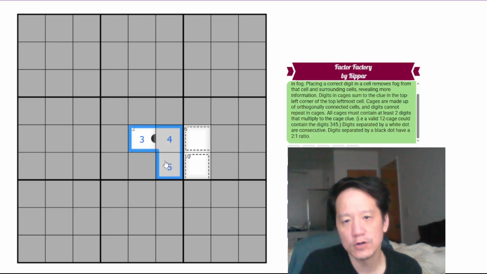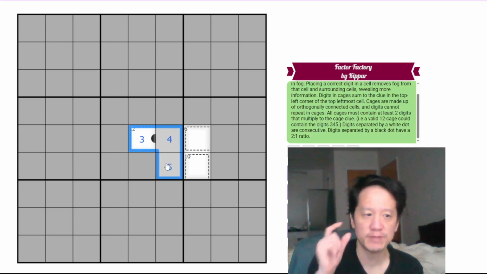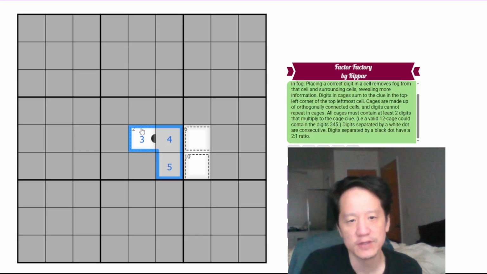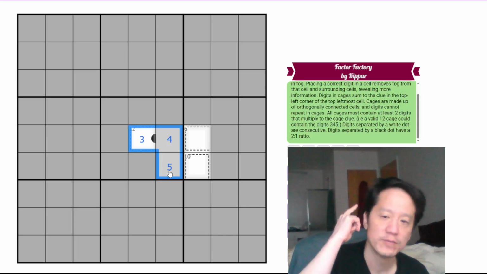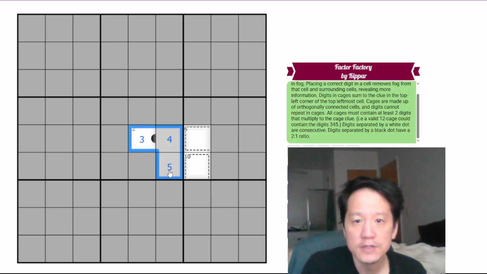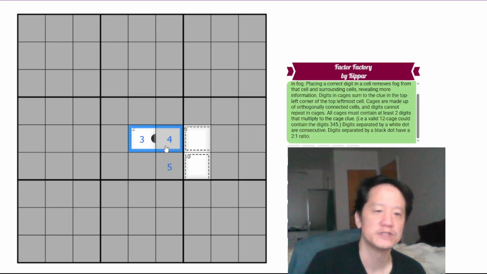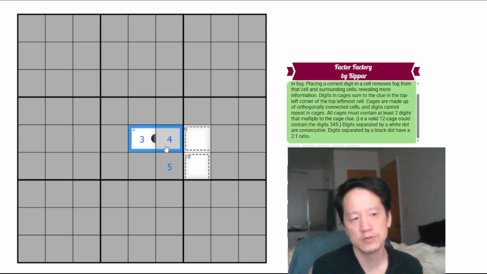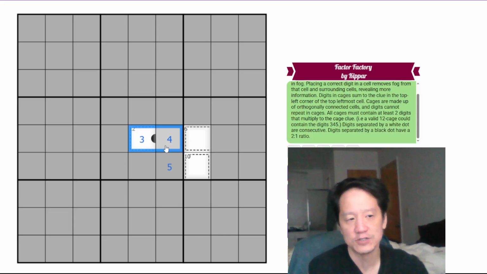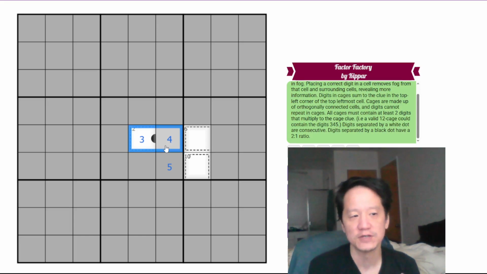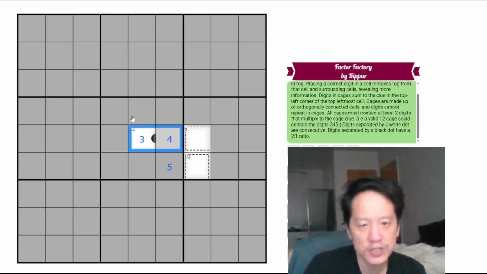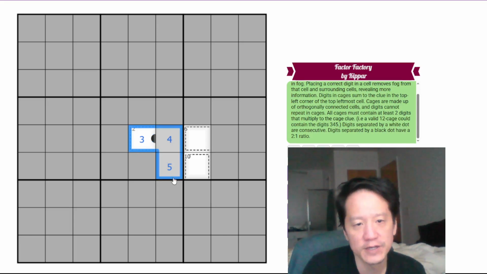So this is for all cages. The digits must add up to the small number in the top leftmost corner of the top leftmost cell. And all cages are made up of orthogonally connected cells, which means that they have to share an edge with the rest of the cells in that cage. So it could be something like this, right?